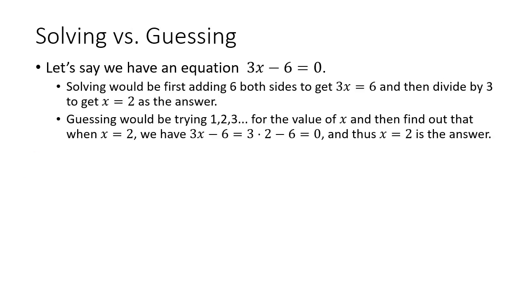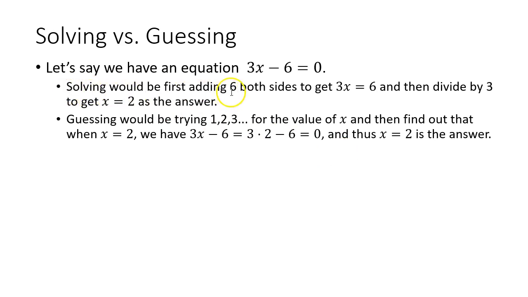Now let me explain by an example that you may have seen in grade school. Let's say you're given this equation 3x minus 6 equals 0. There are two ways to go about solving this. One is to solve it honestly.